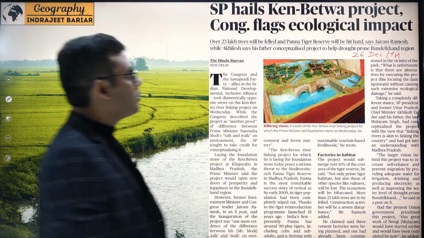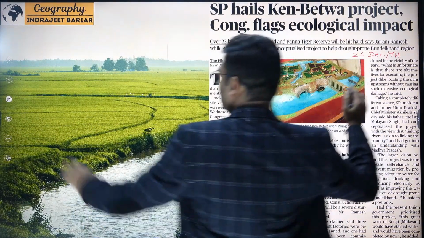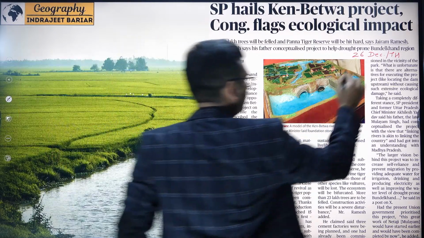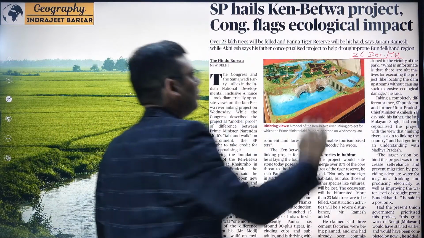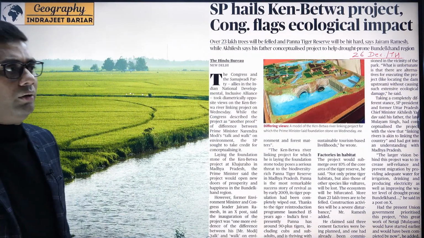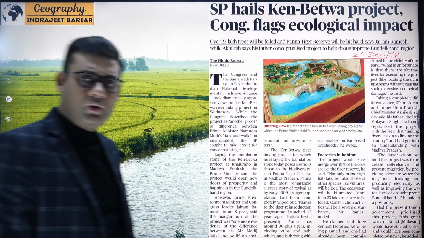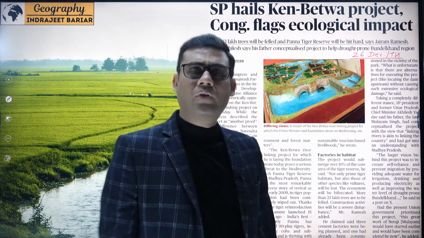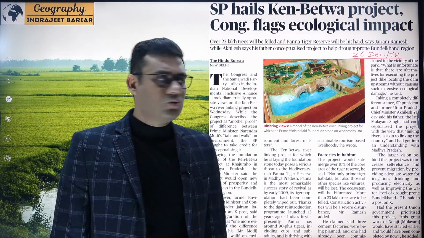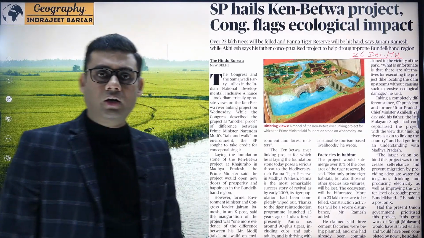Next news was covered on 26th of December, the Hindu. And it took up a very conventional topic, I'll say, in geography, which is the river interlinking project.